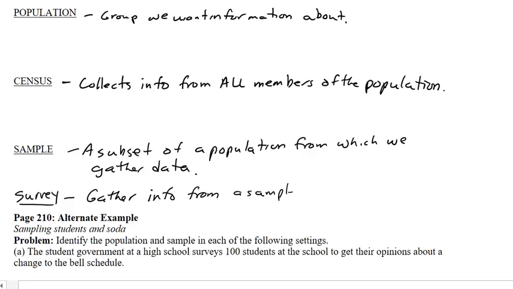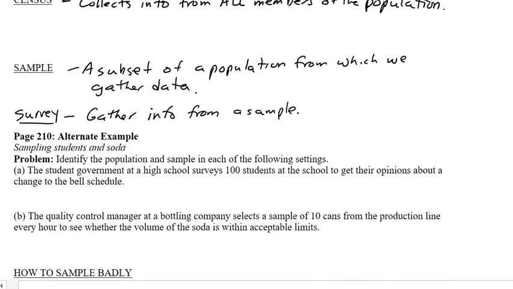Okay. So let's look at this example here. Students and soda. We're going to identify the population and sample in each of the following settings. The student government at a high school surveys 100 students at the school to get their opinions about a change to the bell schedule. Okay, so if we look at the sample, it says they survey 100 students.